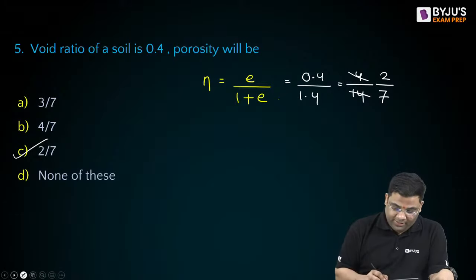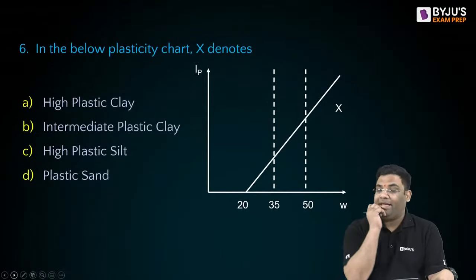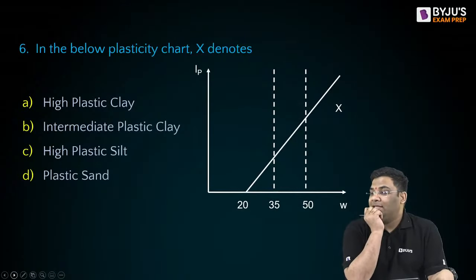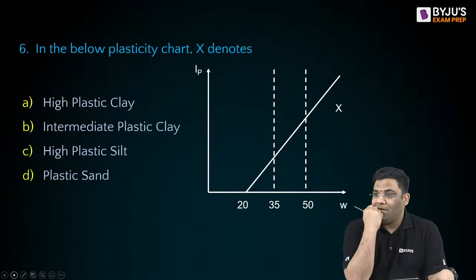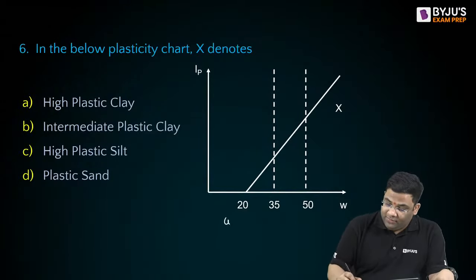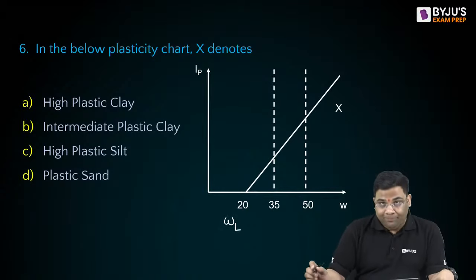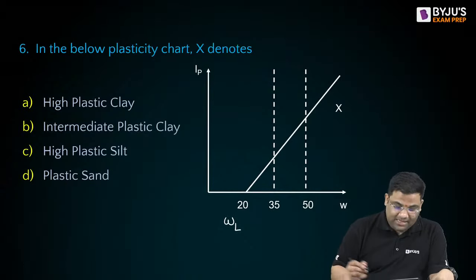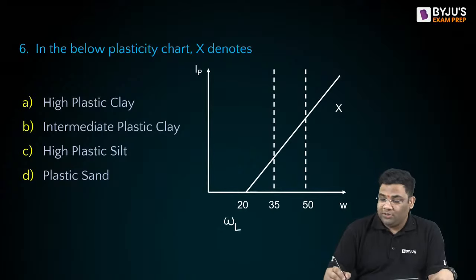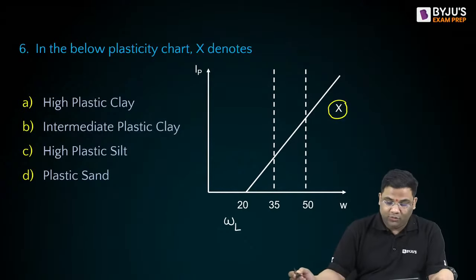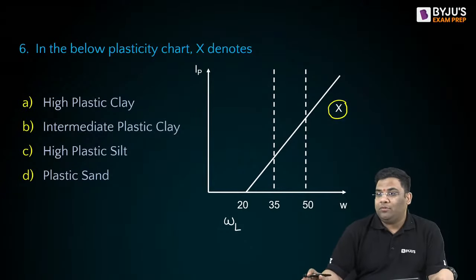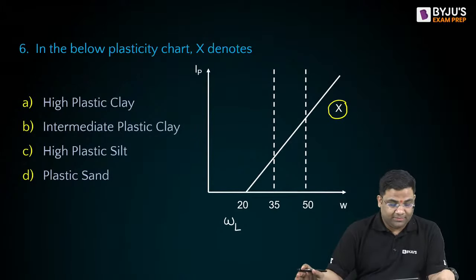Let us solve a more tricky question. Question number 6. Let us see how many are able to answer this question. It's a plasticity chart. In the plasticity chart, we plot the liquid limit against the IP, the plasticity index. So this zone X, what do we call this zone? They will ask you questions like these. Please answer this.